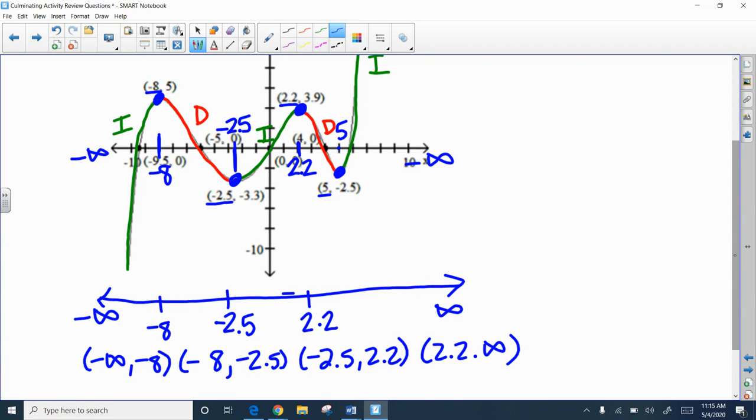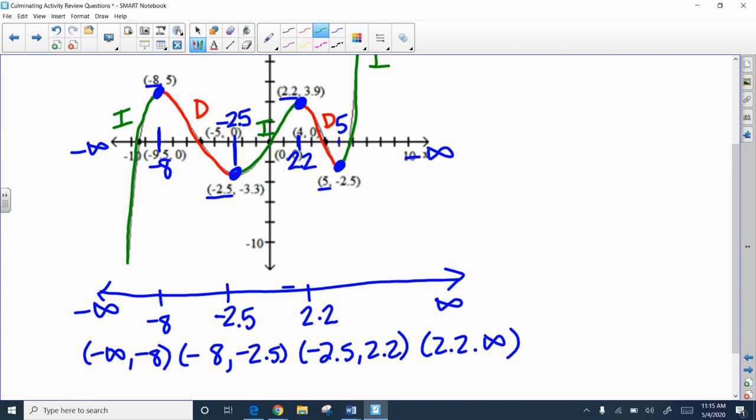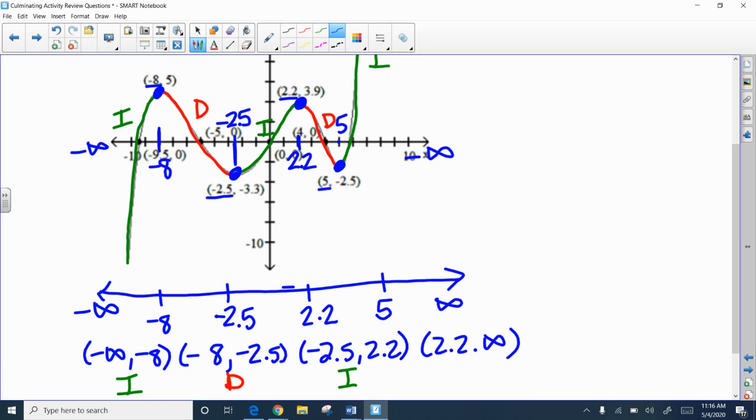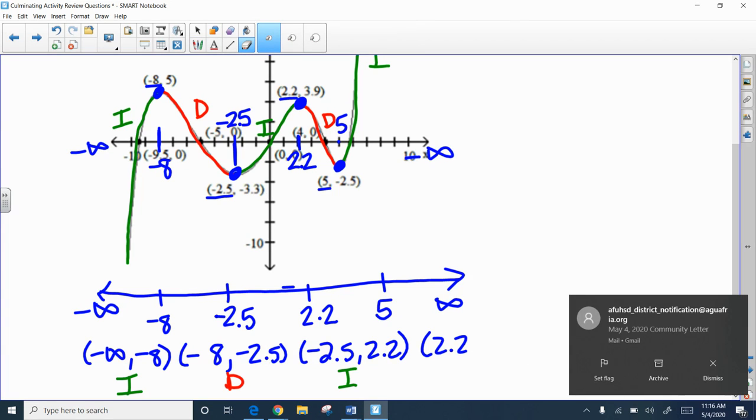And we already decided whether these were increasing or decreasing. So we said the first interval was increasing, then the graph was decreasing, then in this section, the graph was increasing again, decreasing. Oops, I missed one. I missed the 5 right here. So, whoops, we got another interval.